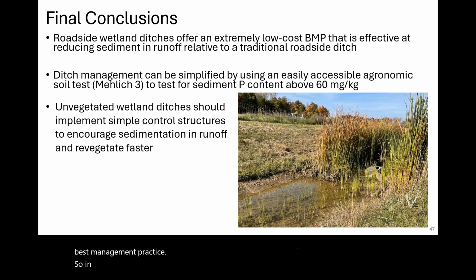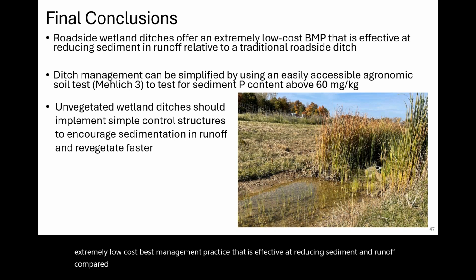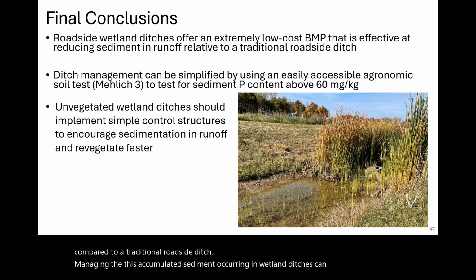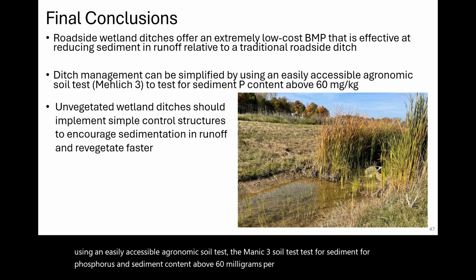So in terms of final conclusions for the whole project, roadside wetland ditches offer an extremely low cost best management practice that is effective at reducing sediment and runoff compared to a traditional roadside ditch. Managing this accumulated sediment occurring in wetland ditches can then be simplified by using an easily accessible agronomic soil test, the Mehlich-3 soil test, to test for phosphorus and sediment content above 60 milligrams per kilogram.